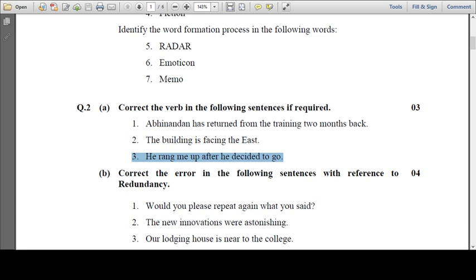He ringed me after he decided to go. No, Khatri, wrong.